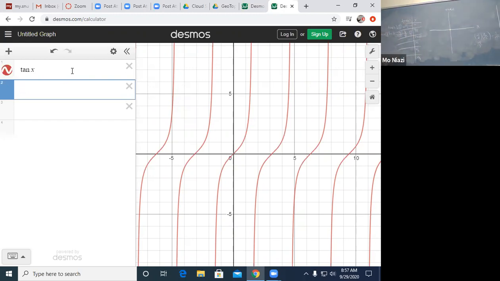What is the tangent of pi over 4? That's the same thing as sine of pi over 4 over the cosine of pi over 4, which is root 2 over 2 over root 2 over 2, which is 1.